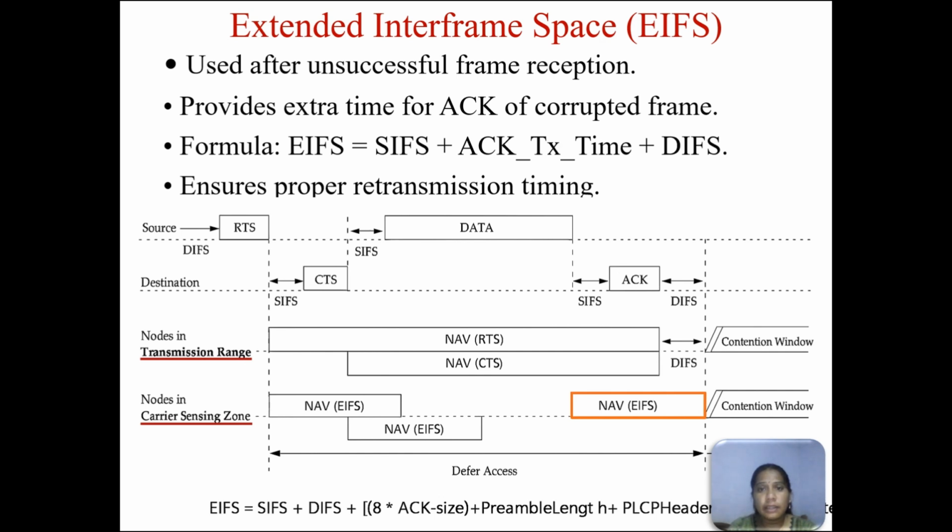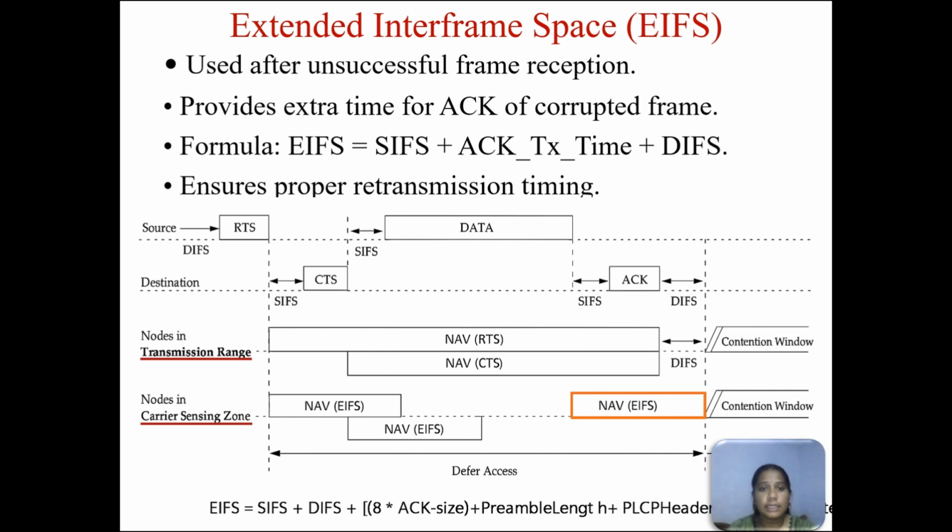As shown here, EIFS is calculated as SIFS plus acknowledgement transmission time plus DIFS. The purpose of this longer waiting period is to give the receiving station enough time to send the acknowledgement if it actually received the frame correctly, even if others detected it as corrupted. This ensures synchronization and prevents unnecessary retransmission that could lead to further collisions.